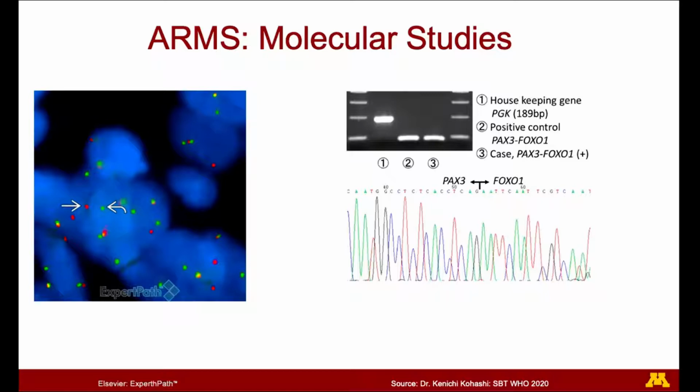Or this could be done by reverse transcriptase PCR and direct sequencing. As you can see on the right panel, the absence of one of the gene fusions suggests a diagnosis of embryonal rhabdomyosarcoma with a primitive phenotype. These were previously known as fusion-negative ARMS or mixed embryonal and alveolar rhabdomyosarcomas, which are not currently recommended in the WHO classification of tumors.